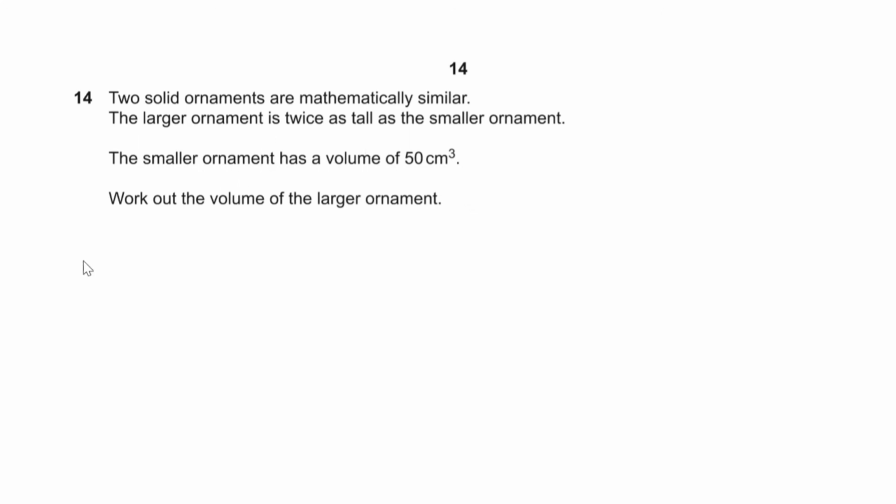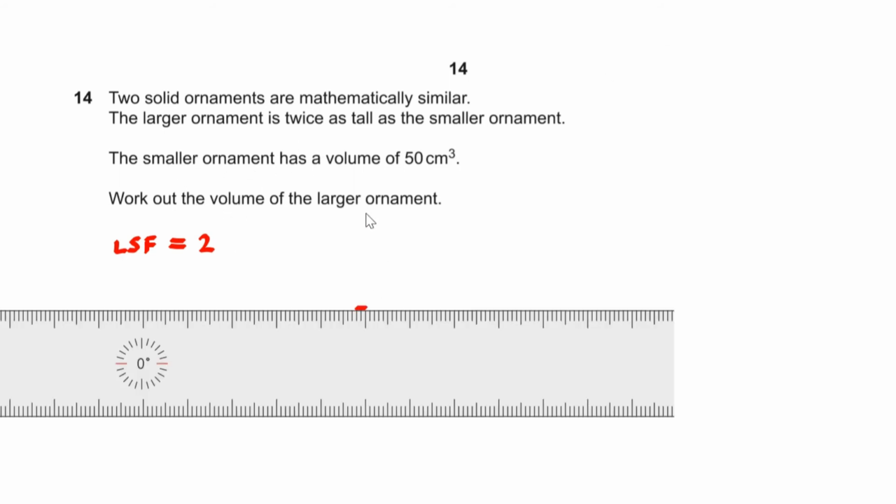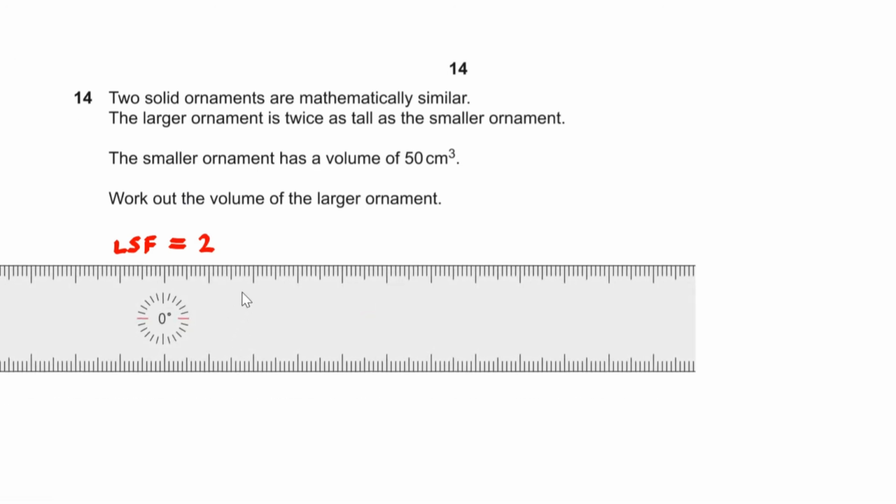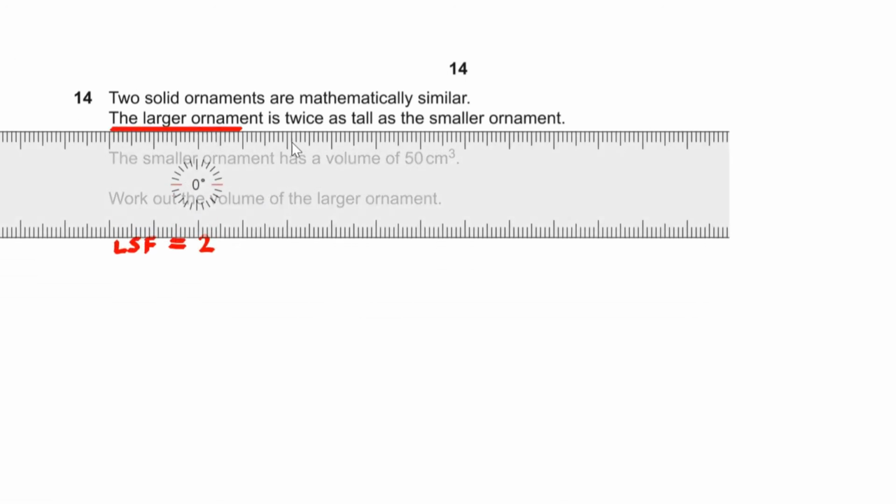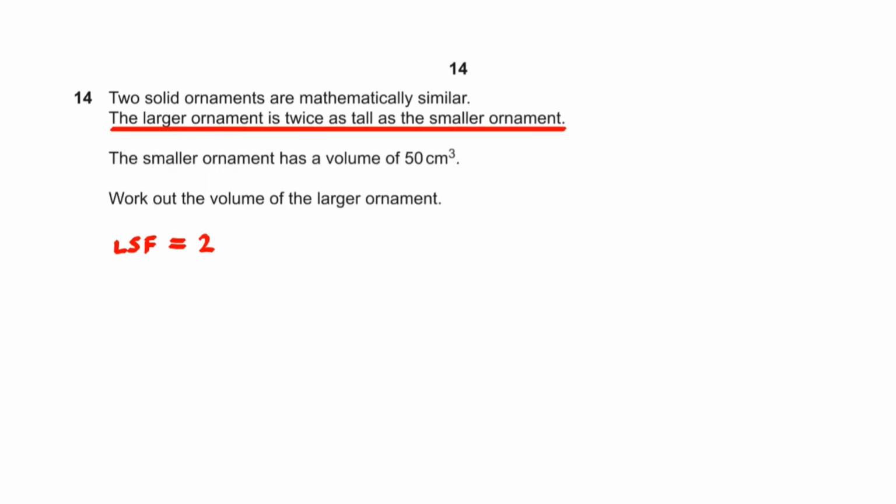Well, first of all, we can see that our length scale factor will equal 2. And the reason for that is because of the statement mentioned here, that the larger ornament is twice as tall as the smaller ornament.